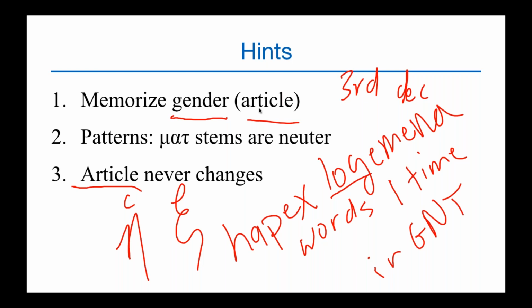Nominative singular feminine. Yep. So even if you don't know what this third declension word actually is, as long as you have the article, you should be able to parse it.